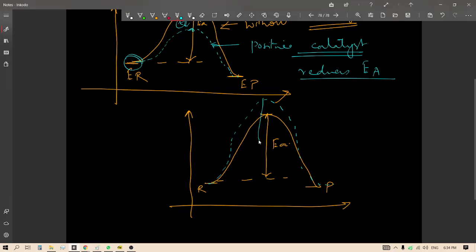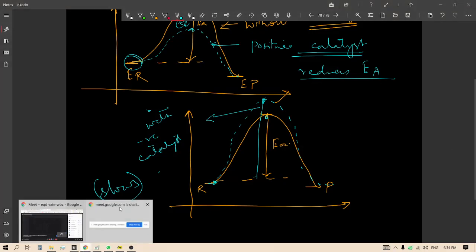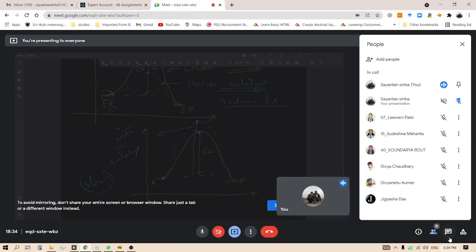Now my activation energy becomes this much. This is with negative catalyst. So I know it slows down a reaction. Why? Because the reactants take a greater time to reach this level as compared to this level. So this is how positive and negative catalysts work. So this is all of the chapter.